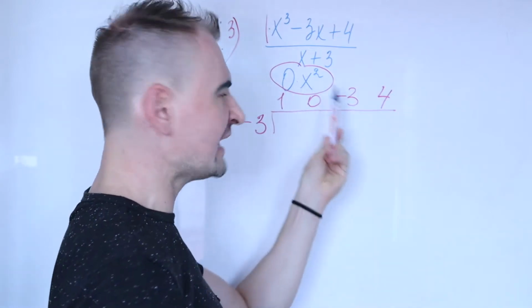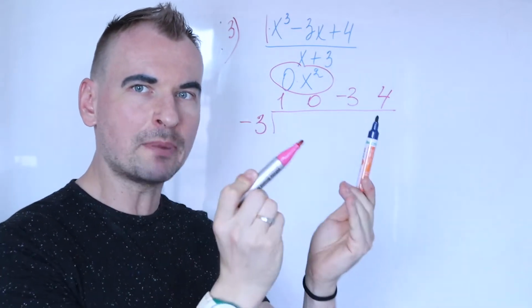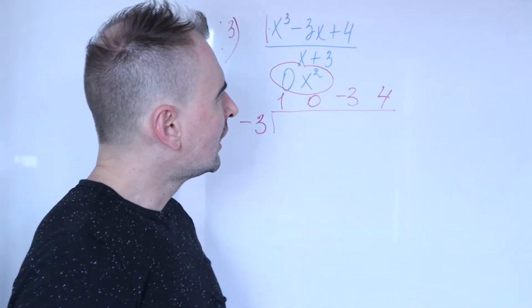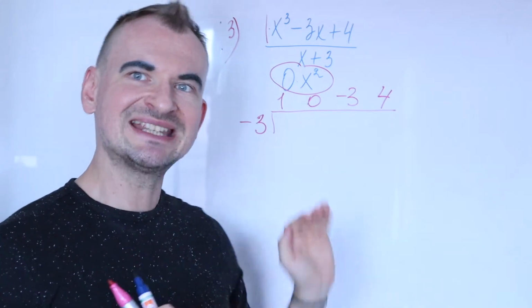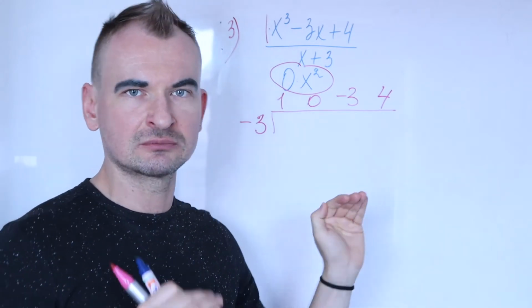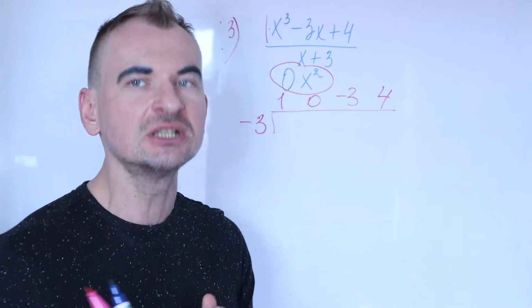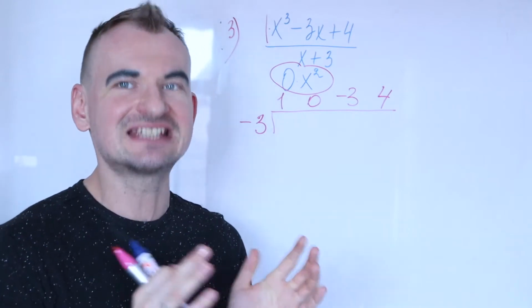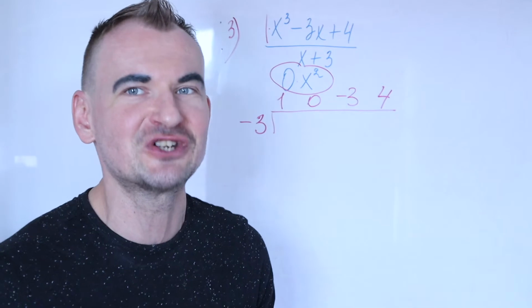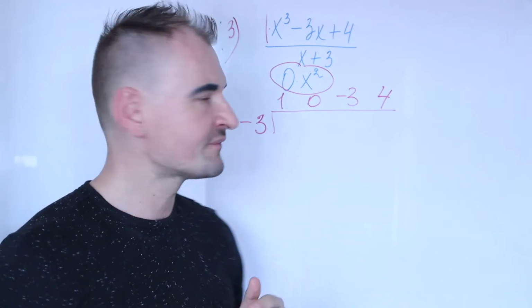Just pay attention if something is missing in your top polynomial, in your dividend, so make sure that you write zeros instead. It could be more than one term missing, so just make sure that you do not miss this missing term. Otherwise you could go astray, go wrong.